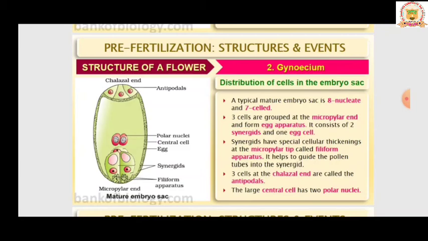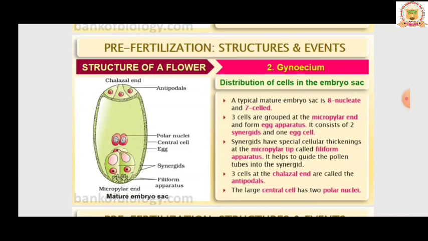Already I have said that the pollen tube enters through the micropyle region carrying the male gamete, and it is guided by the filiform apparatus present near the synergids, which have thickened cells.